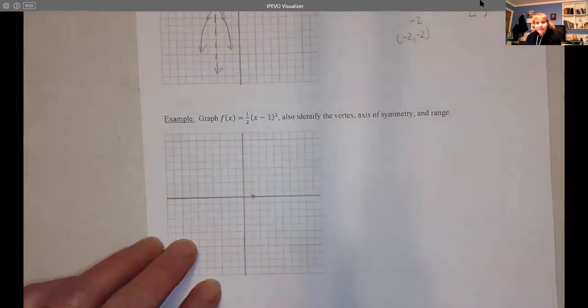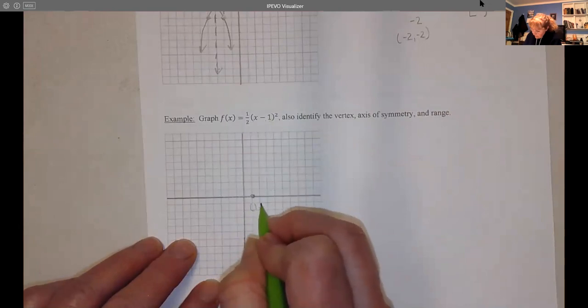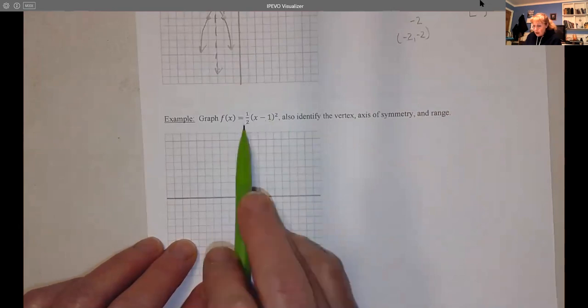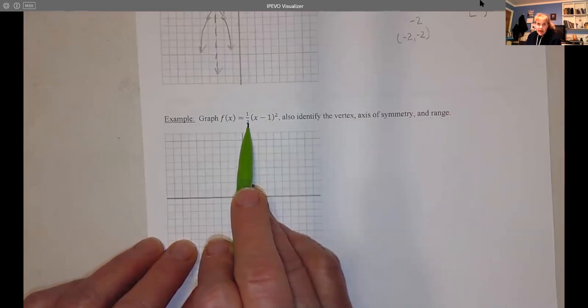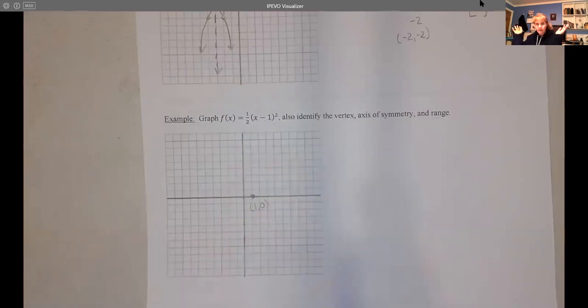Because it's negative rather than positive. Now we have our vertex. It's the point 1, 0. I know it will be opening up. And because this is less than 1, it's going to be wider than our parent graph of x squared, where that's just a 1. It'll be a little bit wider.